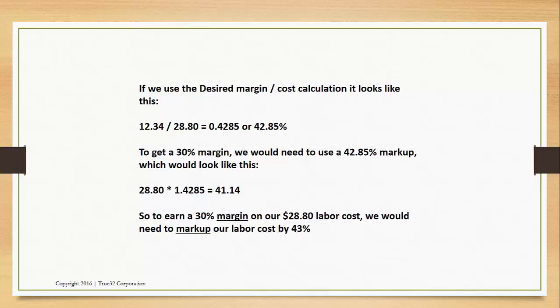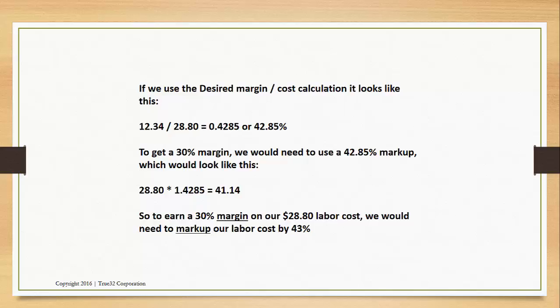So the 1.4285 represents a 42.85% markup. Not wanting to presume anything, the 1 is to give us that beginning number. If we had $28.80 in labor cost and we wanted to mark it up by 42.85%, we use the 1 before the decimal point to give us our original number. 1 times 28.80 is 28.80, so we don't have to do the math after the fact.